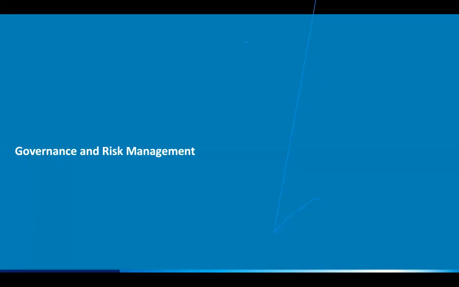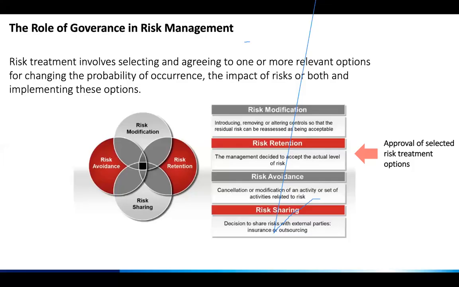Now, how then does governance come into play when you're looking at the risk management process? So, number one, as you said, we have four options when it comes to evaluation of risks. It could be modification, which is treatment.